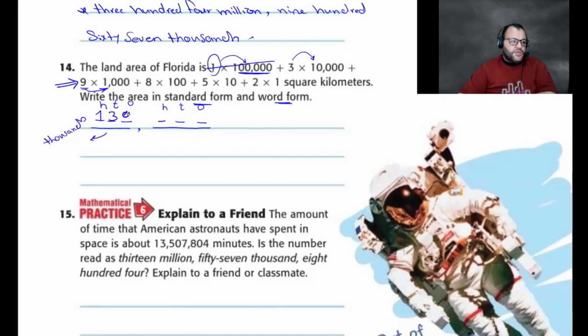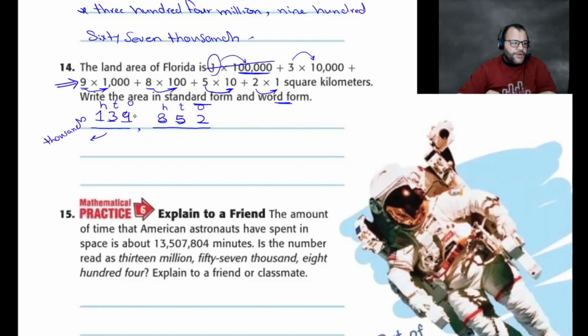That's the 1,000 place. 8 will be written in the hundreds place. 5 will be written in the tens place. 2 will be written in the ones place. So this number will be 139,852.